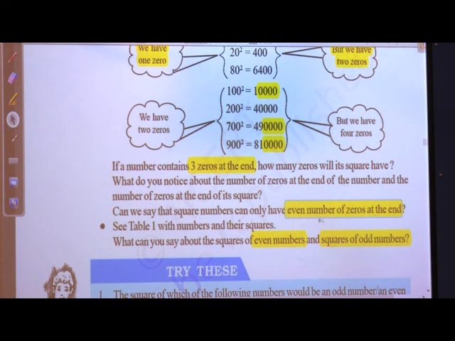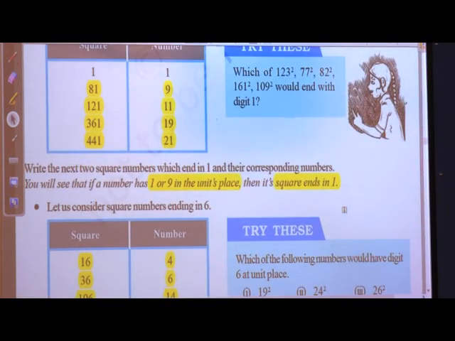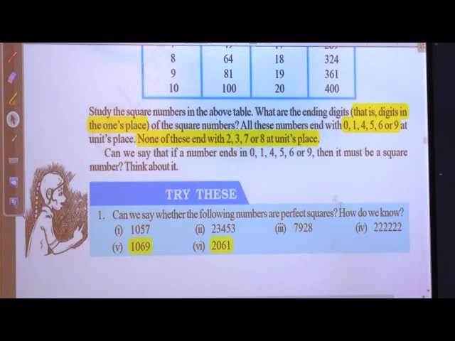So if there is an even number of zeros at the end, it is a square number, and if the number ends with 2, 3, 7 or 8, it is not a square number.